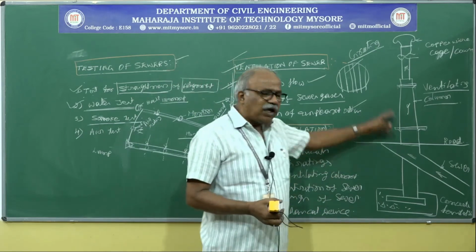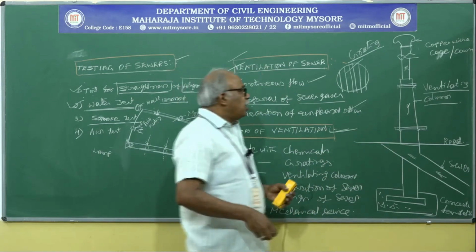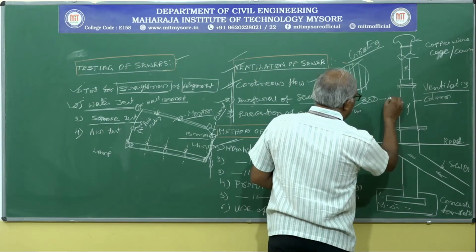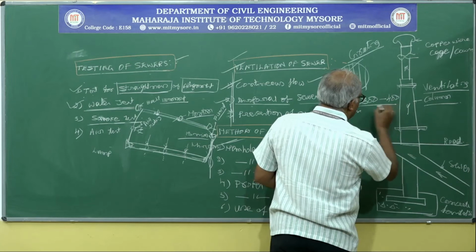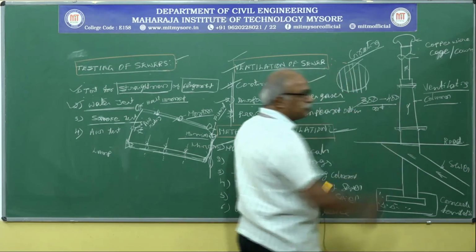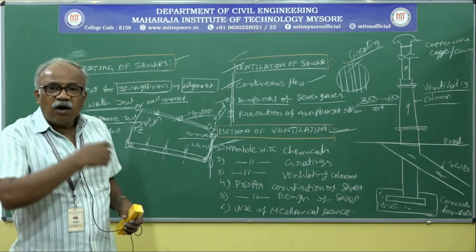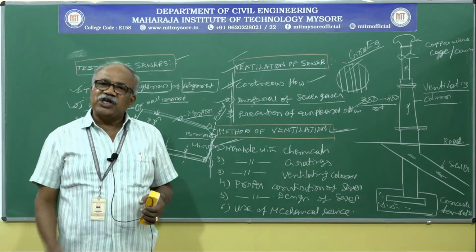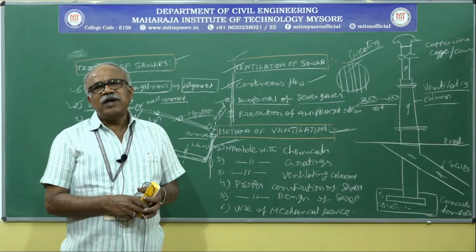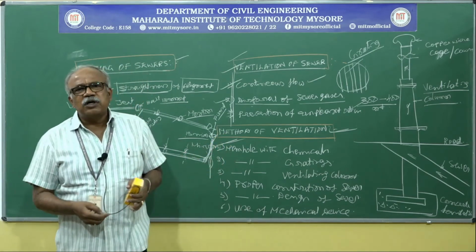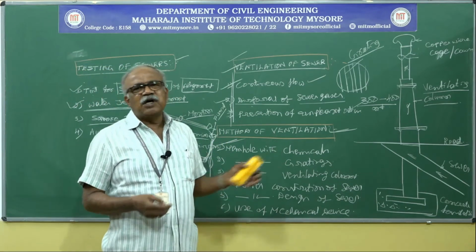The ventilating column is provided at intervals of 300 to 400 meters along a straight stretch of sewer line, where large size sewers are used.